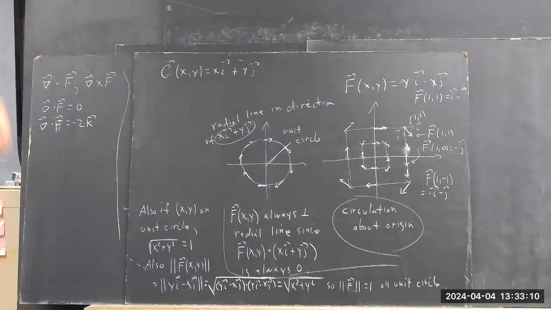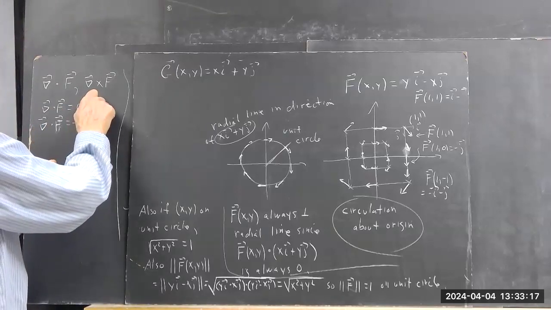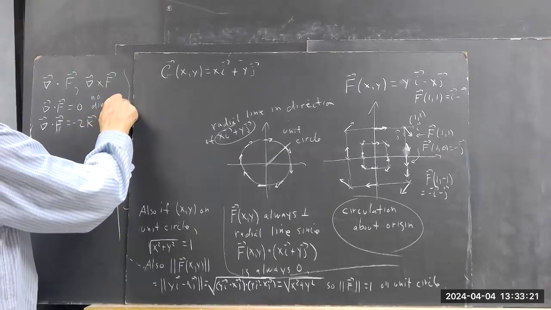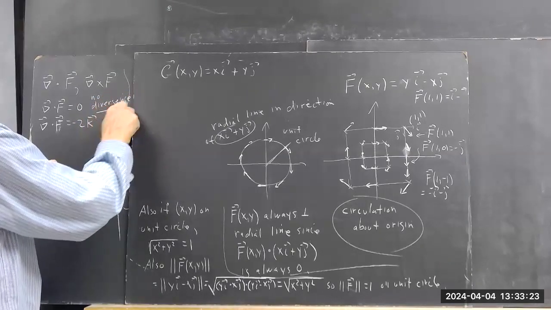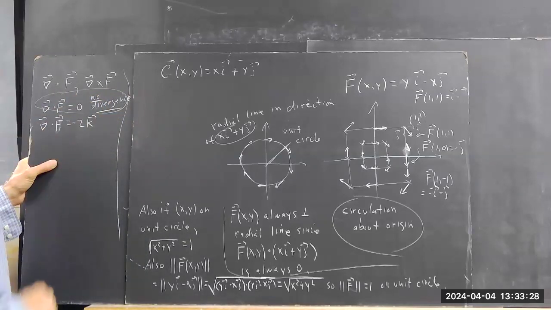Okay, so del dot F is 0 means no divergence. Okay.